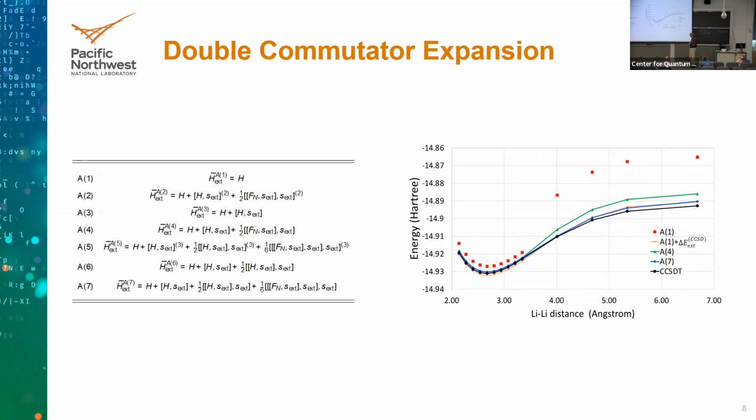Red squares are the energies from diagonalization of the bare Hamiltonian in the active space, way off from what is represented by the bottom curve, CCSD(T) obtained in 58 orbitals, a much bigger space. And you see that the green curve, the single commutator expansion, isn't bad, not perfect. But if you do the double commutator expansion in this active space defined by 10 active orbitals, you're getting pretty close to what is deemed to be exact.